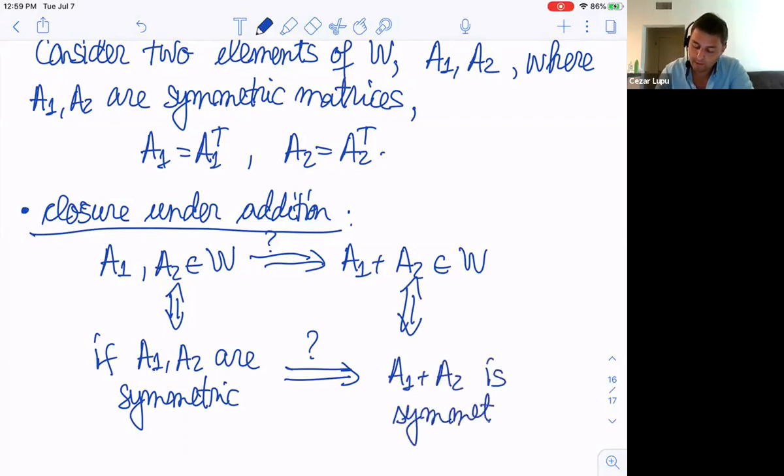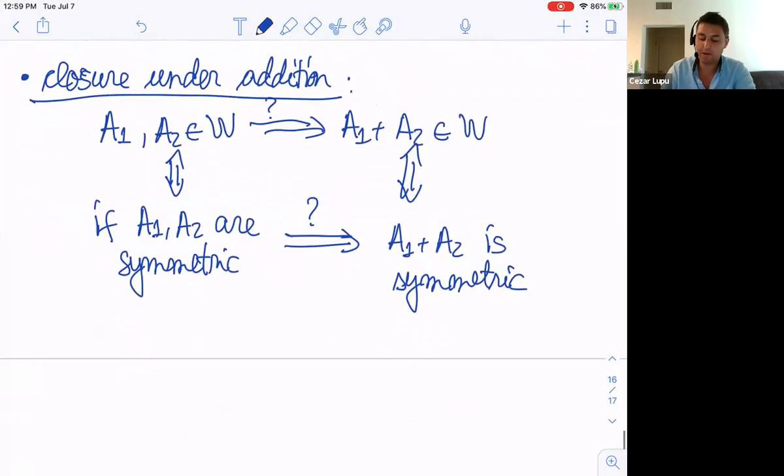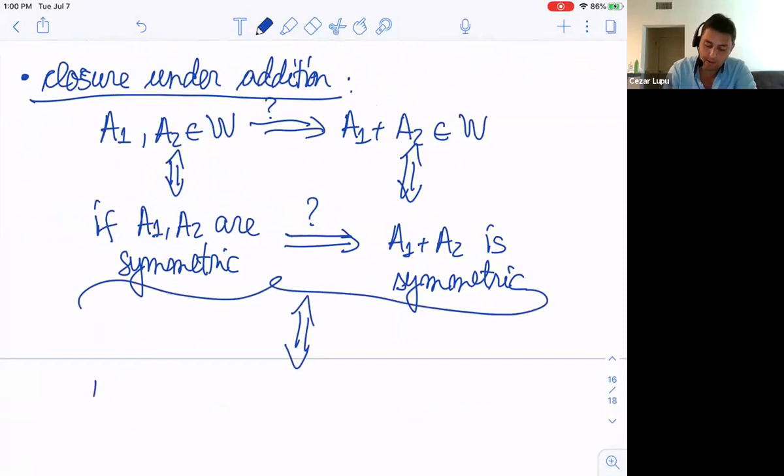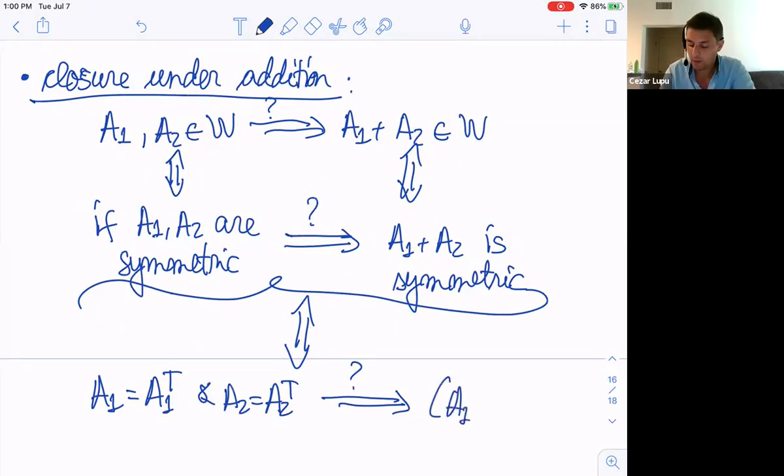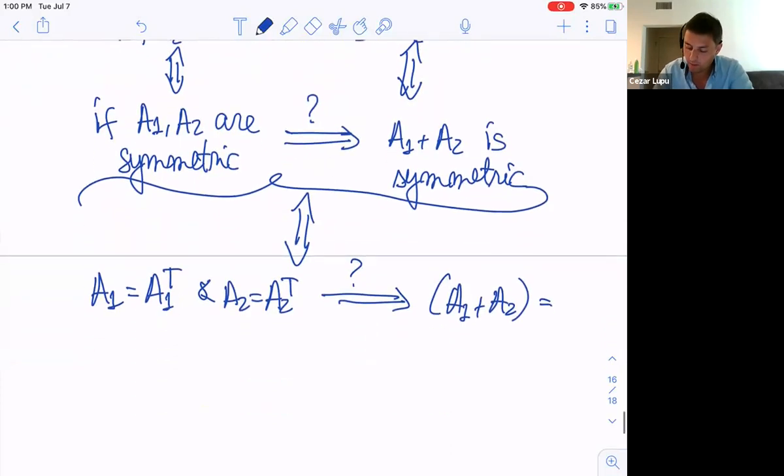In other words, let me translate this. If A1 equals A1 transpose and A2 equals A2 transpose, does this imply that A1 plus A2 equals A1 plus A2 transposed? That is the question.